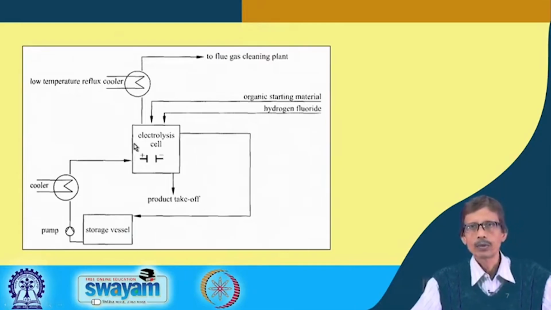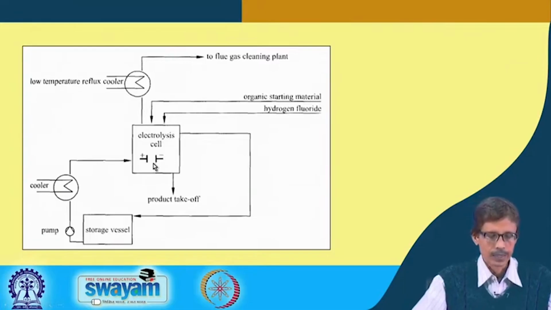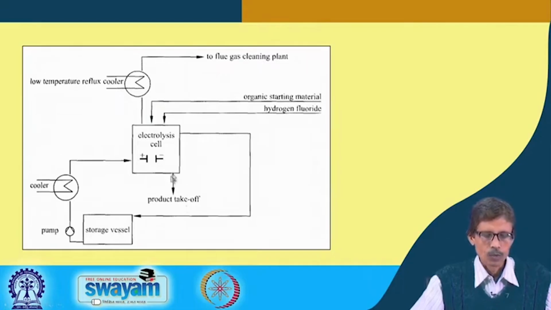As I told you, you can have a temperature range of 0 to 20 degrees. So, it should be thermostated depending upon the production of heat generated during the reaction. So, you can have this in this particular one. Some storage vessels will be there, and the product take-off, since I told you that you can have the pathway from the bottom of the electrolysis cell.